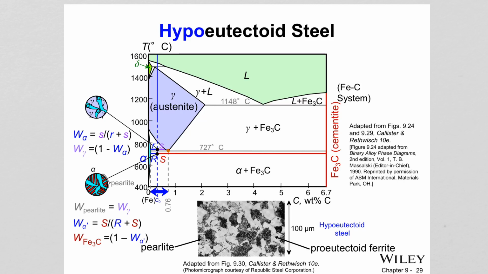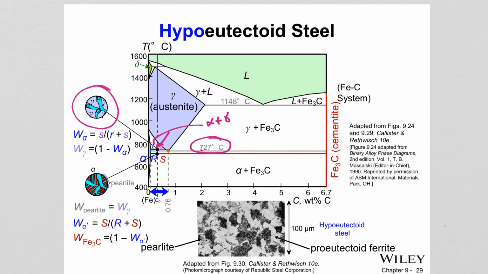In this figure we are shown how to calculate the weight fractions if we have a hypoeutectoid steel above the eutectoid temperature. If we are above that, as you can see at this point, what is in equilibrium is alpha plus gamma.